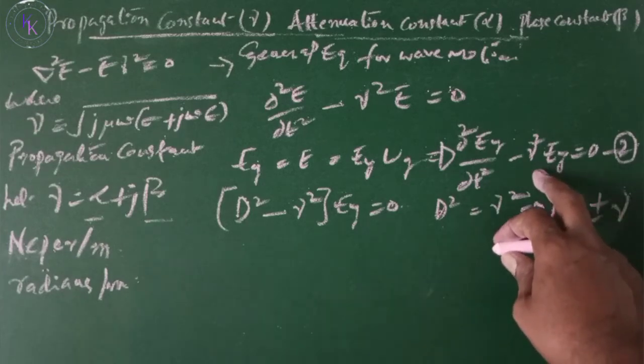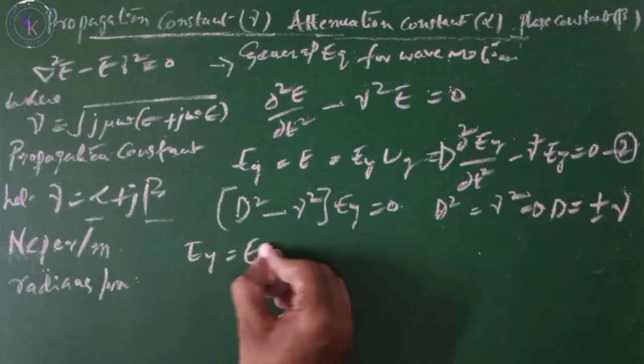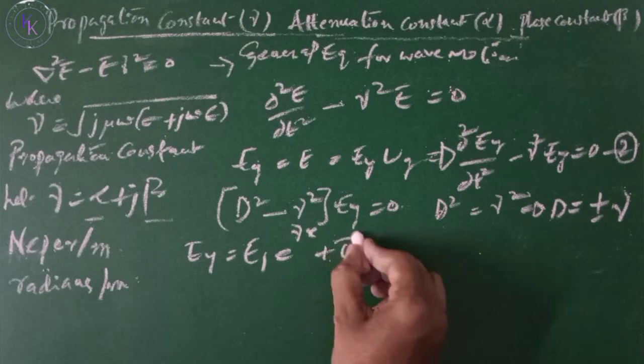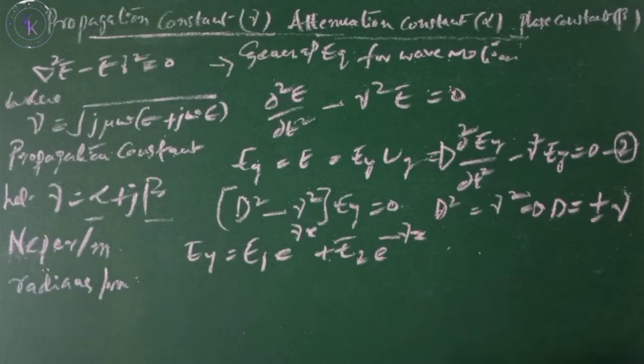Now a possible solution for this equation is Ey equals E1 e to the power of gamma x plus E2 e to the power of minus gamma x, where E1 and E2 do not vary with respect to x, but can be functions of time t, and they are constant.